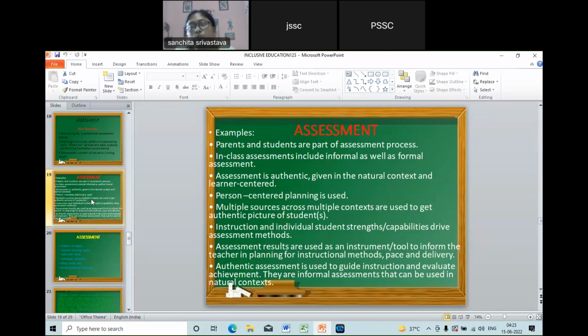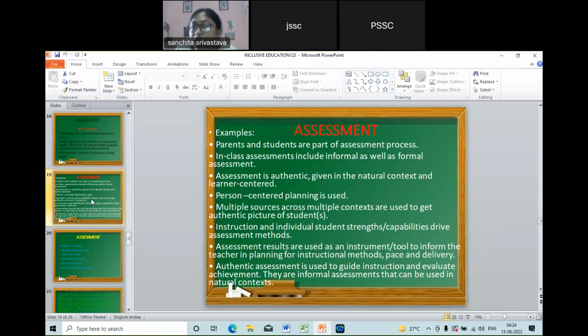Assessment results should be used as an instrumental tool to inform the teacher in planning instructional method, pace and delivery. That means whenever you get a result, you cannot just marginalize the child or tell him, oh, you have got such marks. You cannot neglect them, but you can use the result as a tool. You can say, this child couldn't do better in this, so we'll have a strategy where the child can score better in a different way.